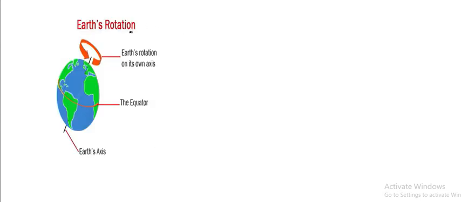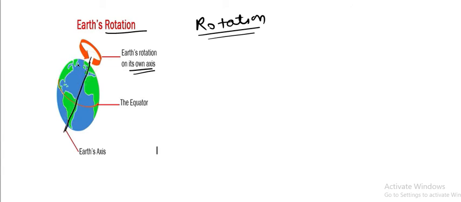Now we will discuss the rotation of the earth. Rotation refers to the movement of the earth on its own axis. This is the axis of the earth, and this axis is tilted.